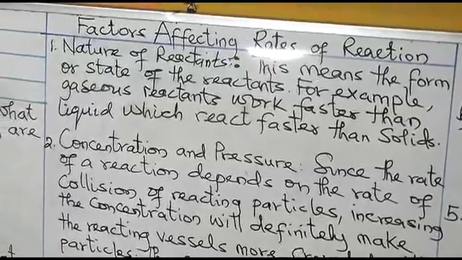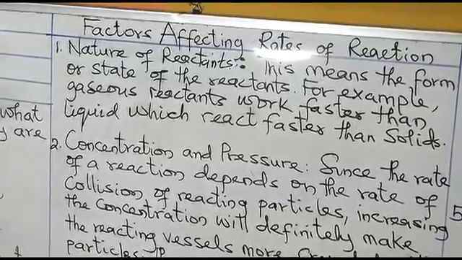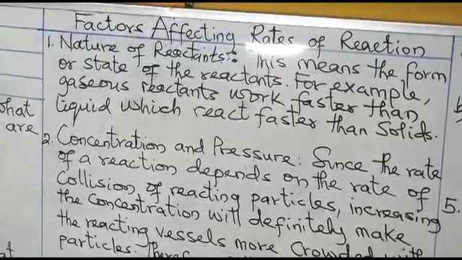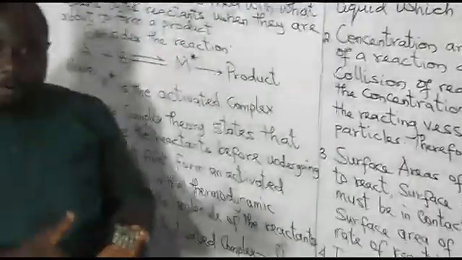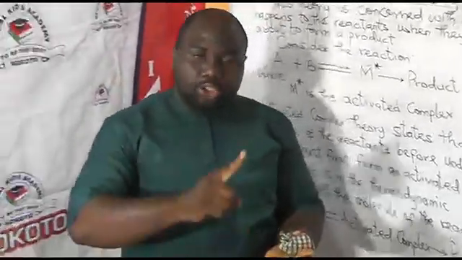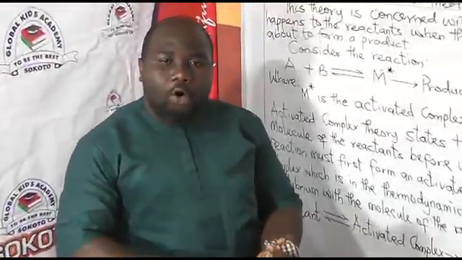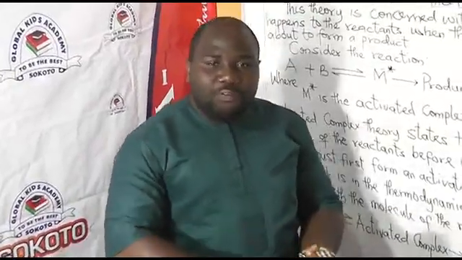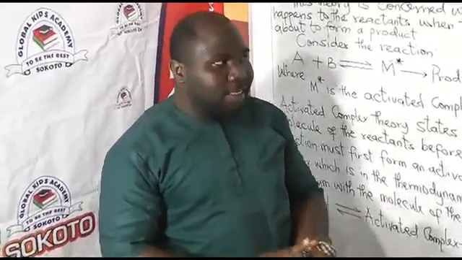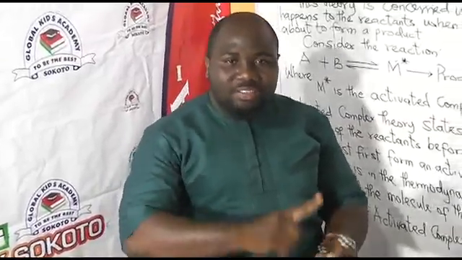Now, recall that reactants are either in liquid form, in solid form, or in gaseous form. So, if you are working with gaseous reactants, the rate of reaction tends to be faster than working with liquid reactants.